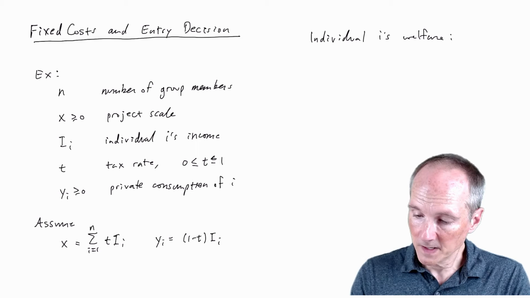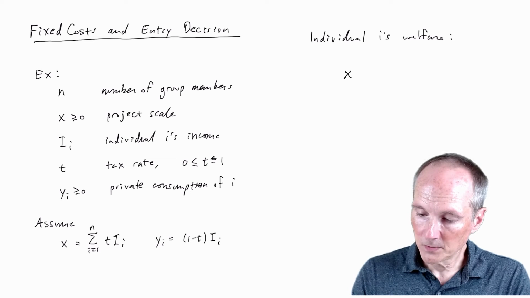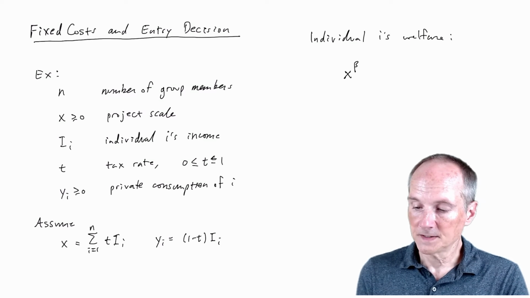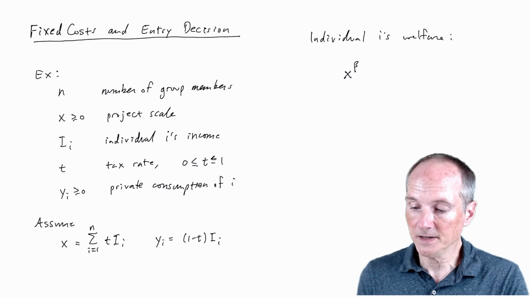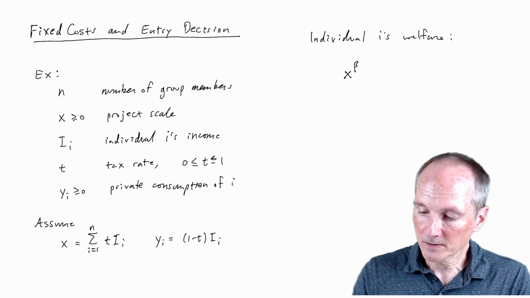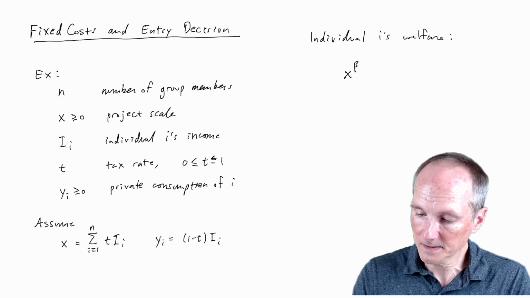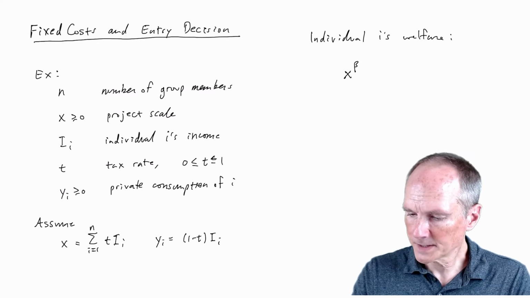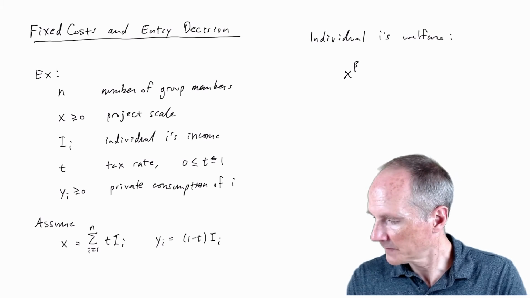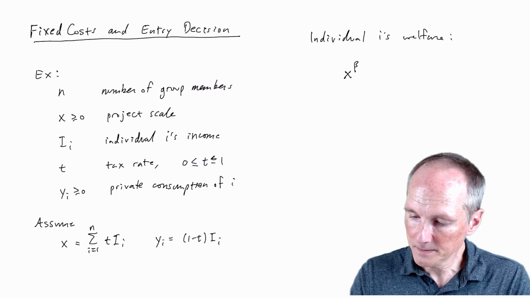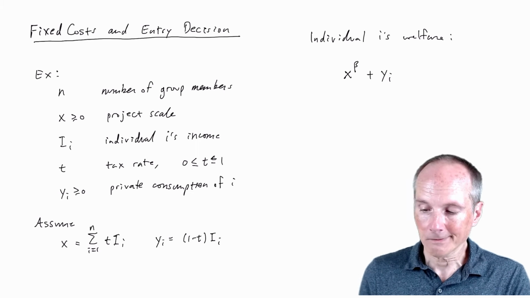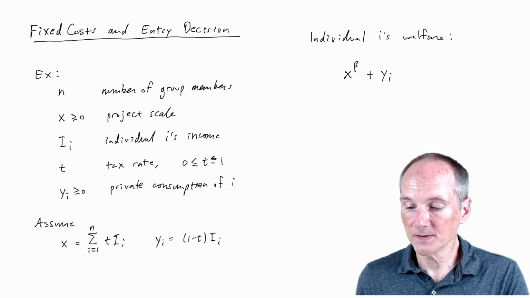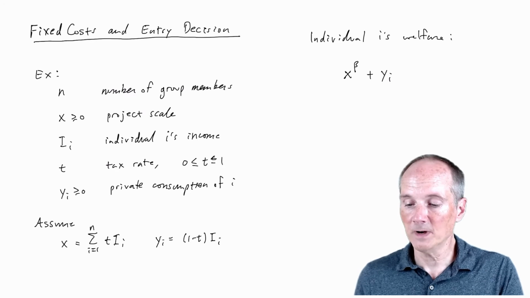Each individual is going to get some benefits from this project scale, and we'll raise that to this power beta. And then from consumption, that's just going to be a linear term. All right. So that's how our planner is going to measure the welfare of each individual.